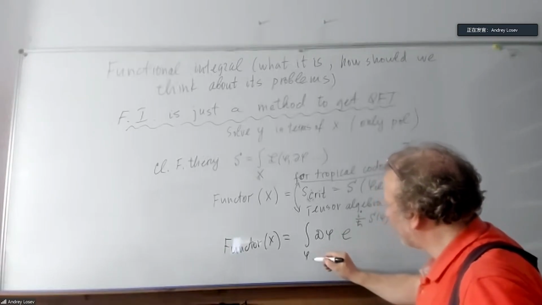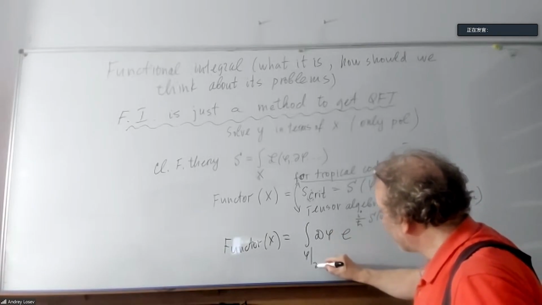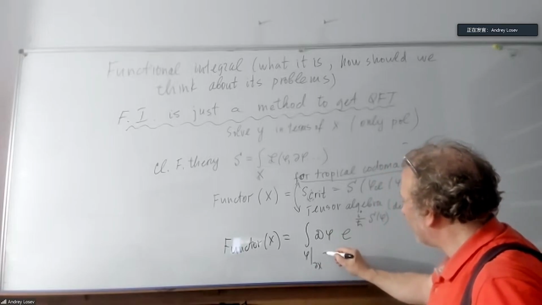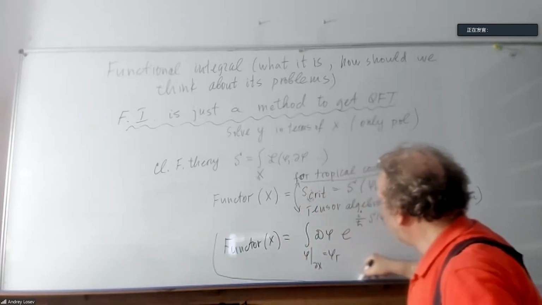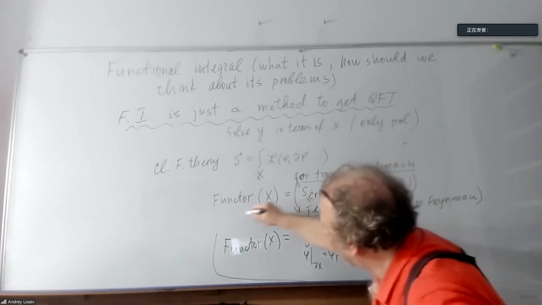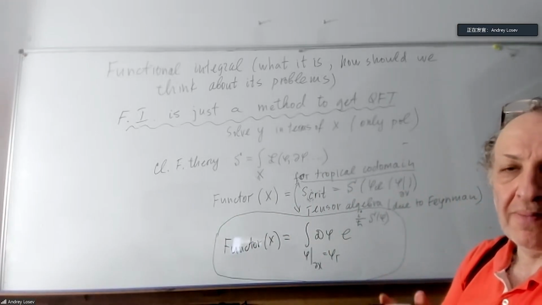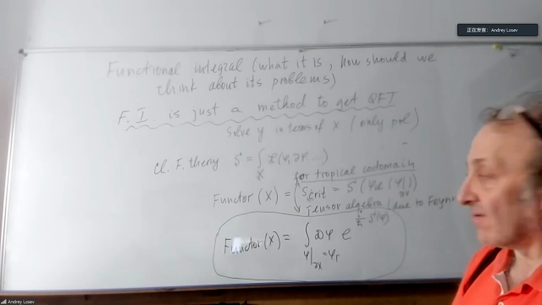Okay, he likes the complex unit. And here the integral is taken over phi that has prescribed value at the boundary. So this is the Feynman prescription for the construction of a functor.